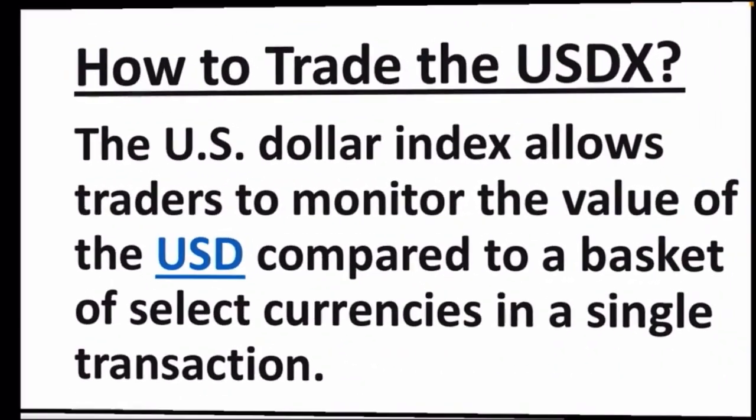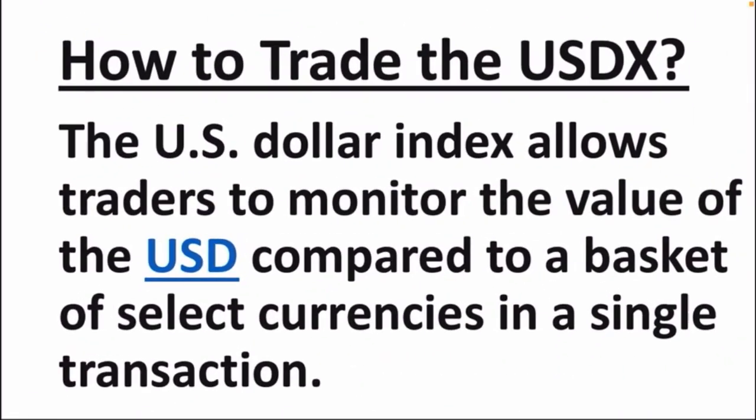So now, how do you trade the US dollar index? Since the US dollar index has to do with assessing the value of the US dollar against these currencies, how do you trade it? It's just simple. The US dollar index allows traders to monitor the value of the US dollar compared to a basket of selected currencies in a single transaction.